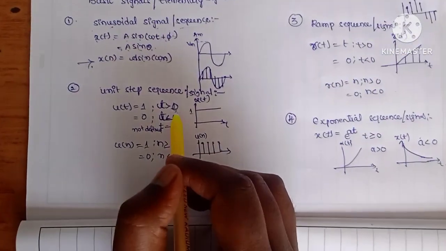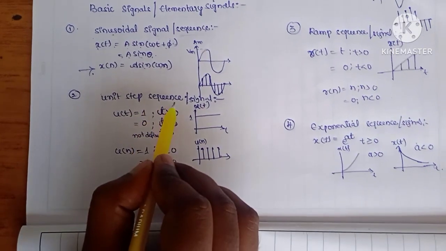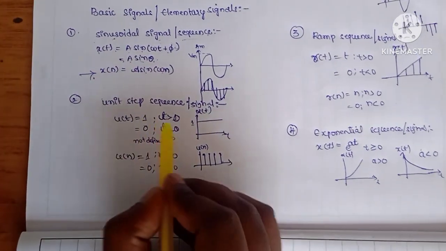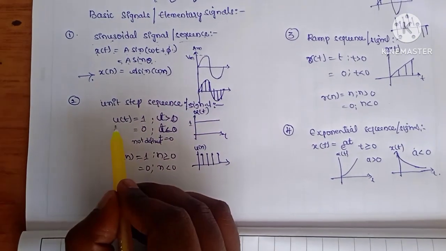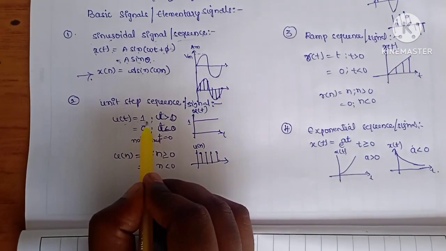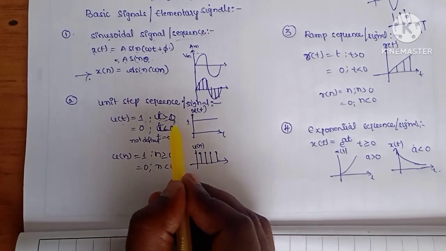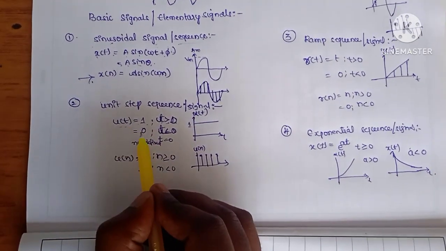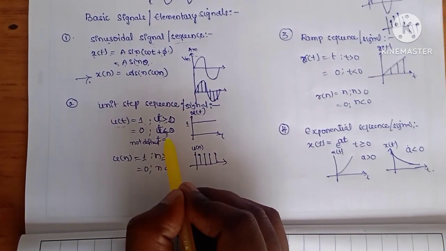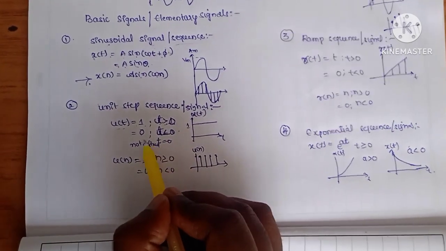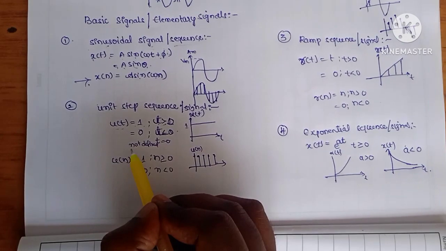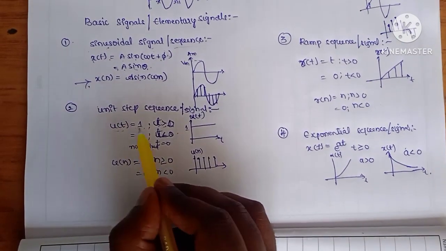And the next one is the unit step sequence or signal. The definition of the unit step signal is u of t equals 1 when t is greater than 0, and u of t equals 0 when t is less than 0. At t equals 0 we will not define the unit step.